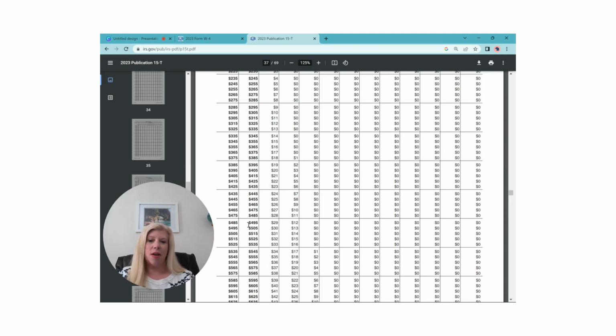Now, if you're making $500 and you have no dependents, you're a single individual, then $29 or thereabouts. The computer might round this up within a dollar or two, but you're going to have about $29 come out of that paycheck. These are tax tables that the IRS updates every year based on the current tax rates and the current standard deduction tables to try to do their very best to withhold the most accurate amount from a paycheck that they can so that people don't owe at the end of the year.